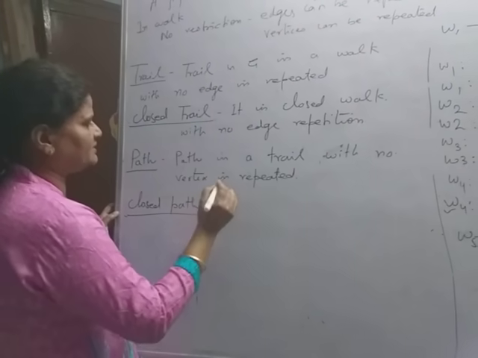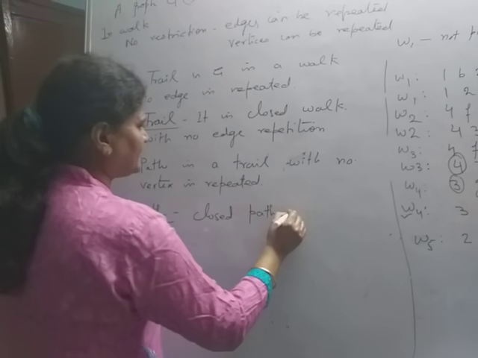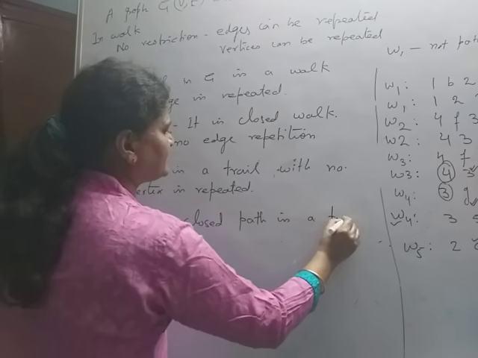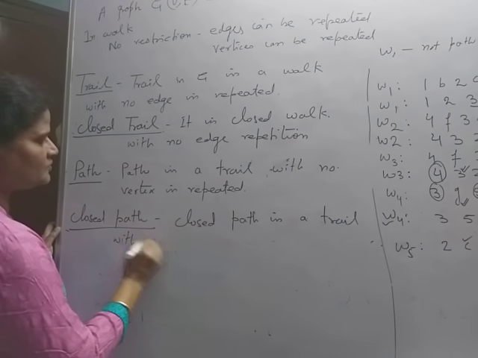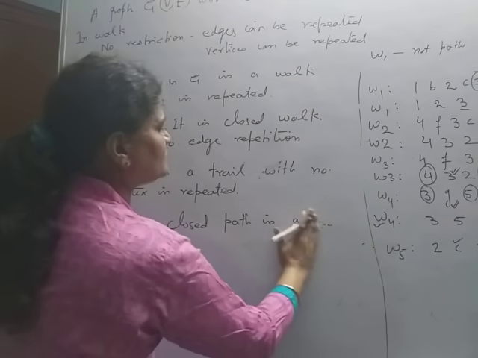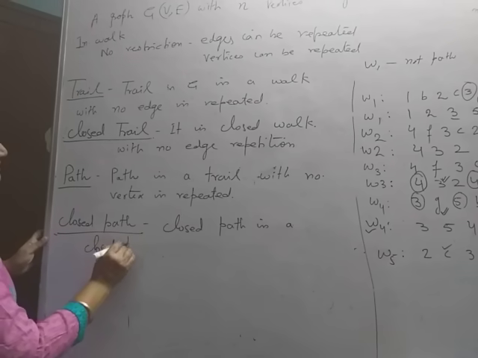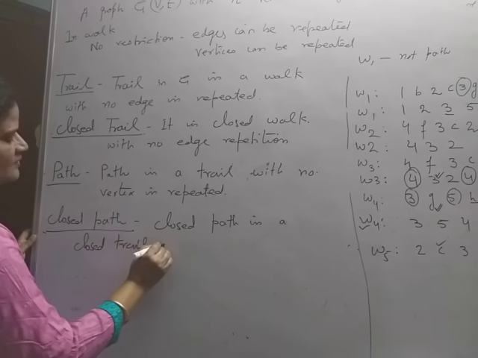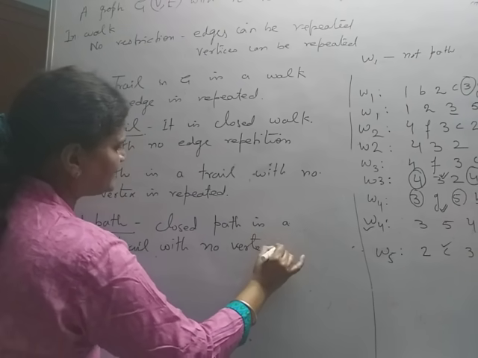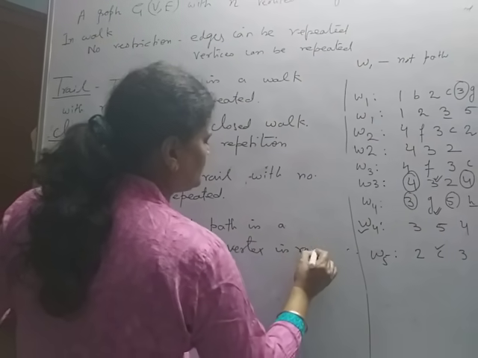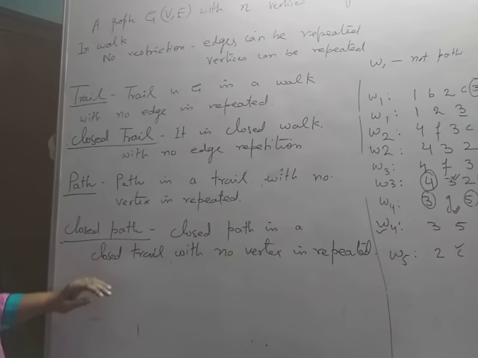A closed path is a closed trail with no vertex repeated.